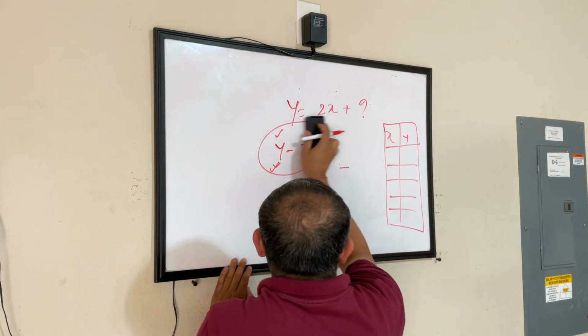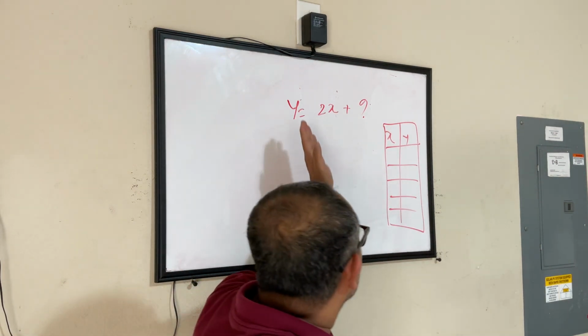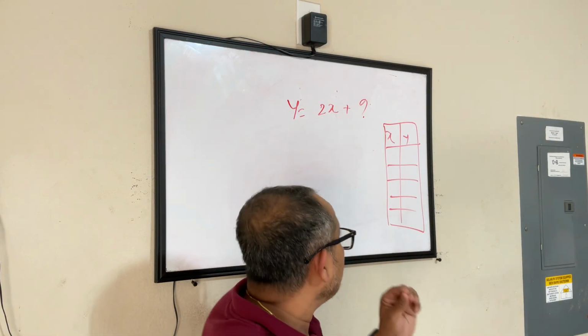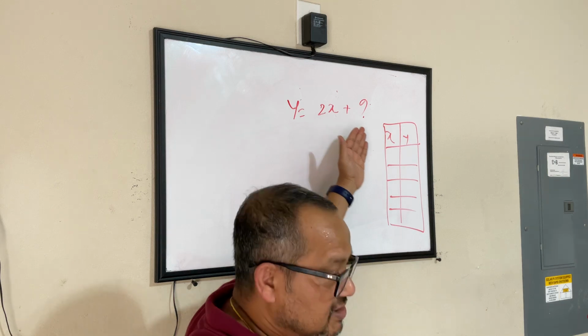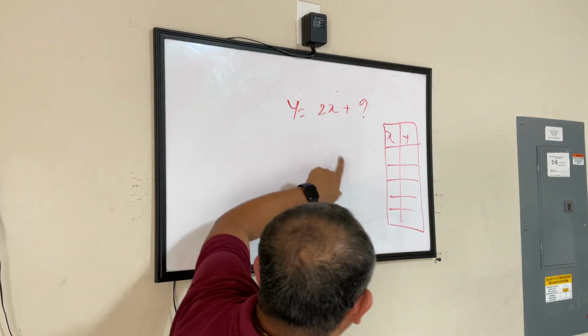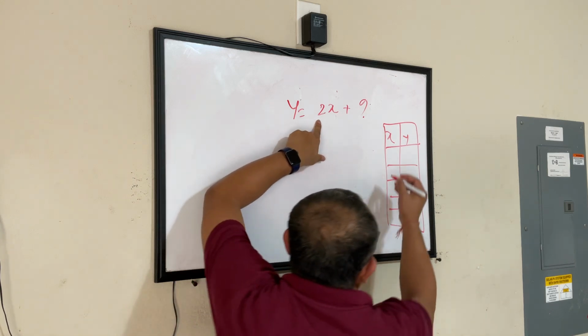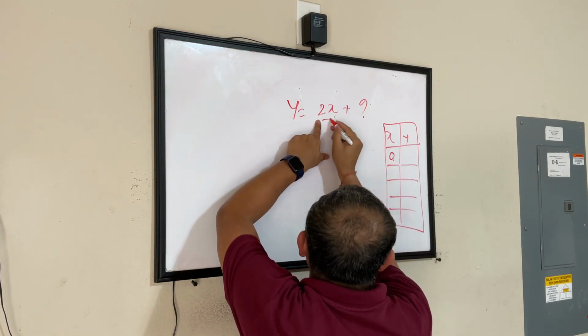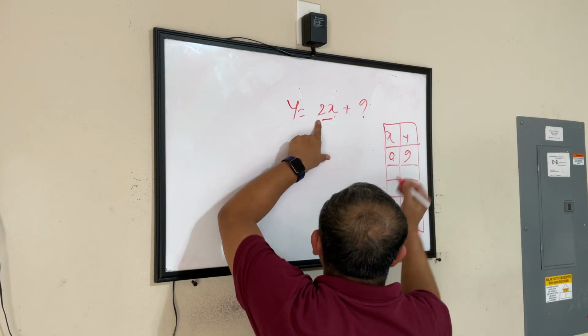So, be it any equation, be it a linear equation or any form of the equation, in simplest form, it's an agreement between the variables. And that agreement will be visible on the table now. Let's look at it. For the linear equation, when I say x equal to 0, what will be the value of y? This becomes 0, y will be equal to 9.